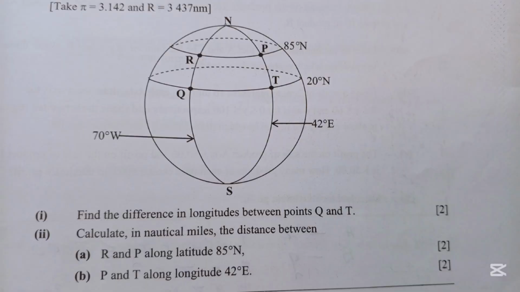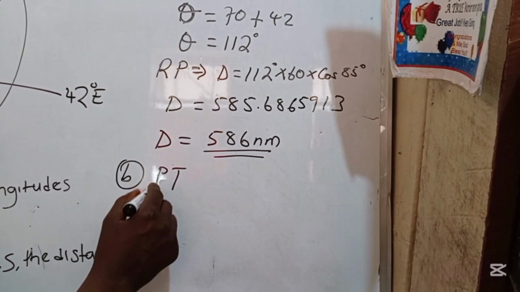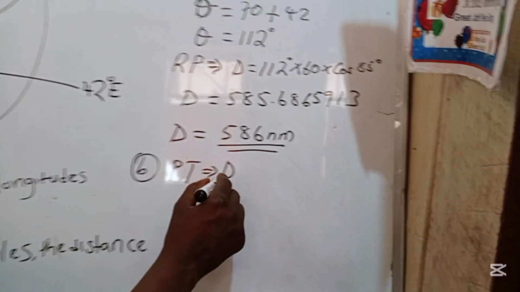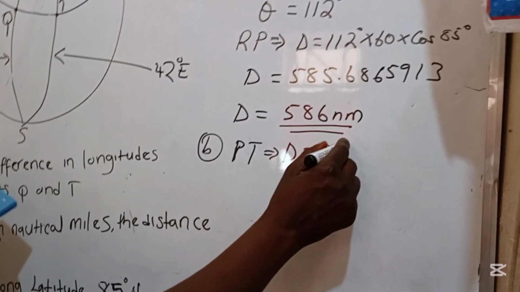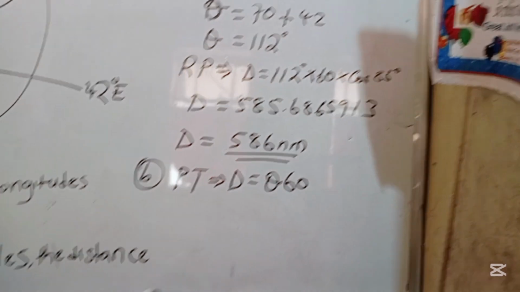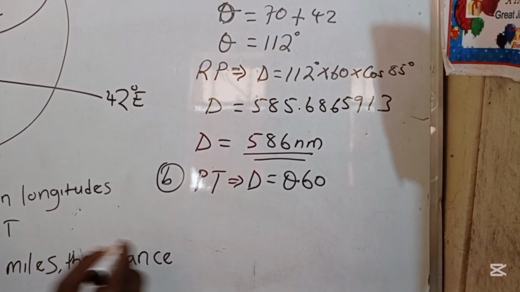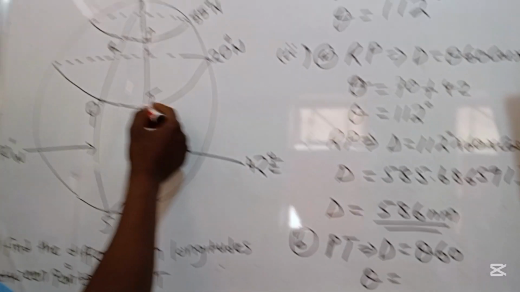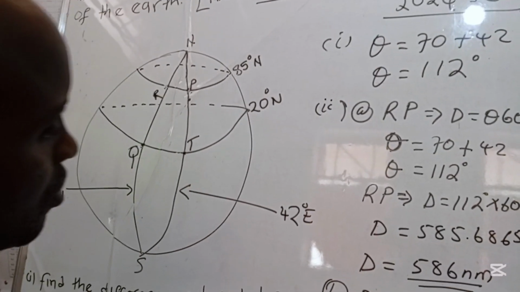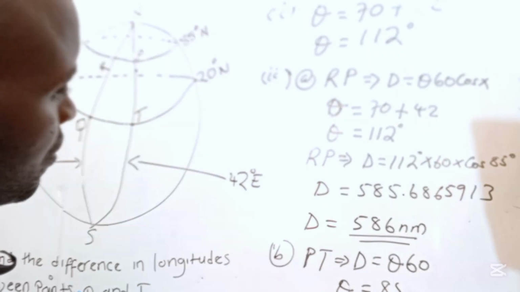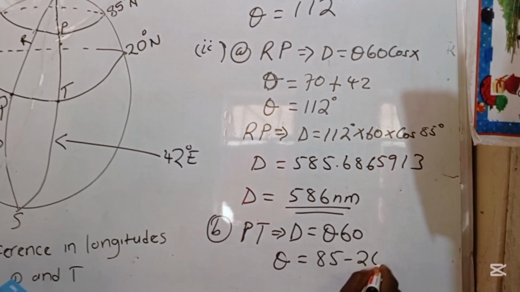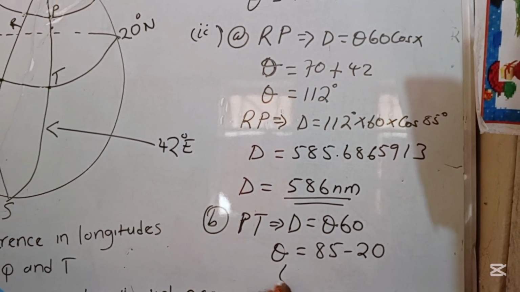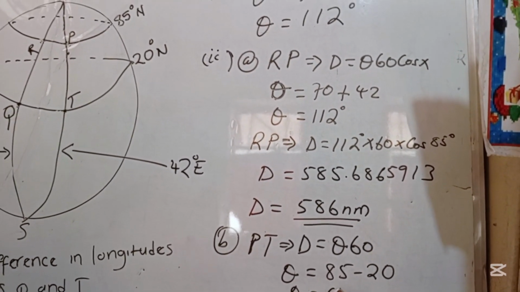For B, how do we find the PT? For PT, the distance is equal to theta times 60. No need of putting the cos. Again, here you have to find the theta for PT. You can see both are found in the north, so it is 85 and 20. Subtract 20 from 85, it will be 65.